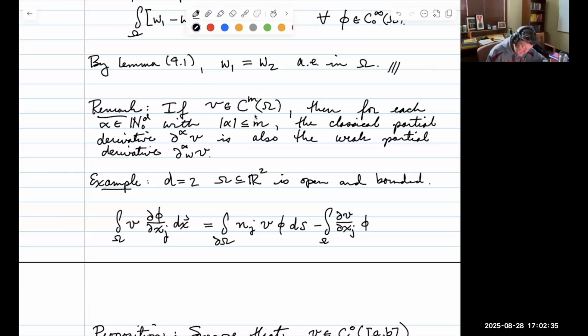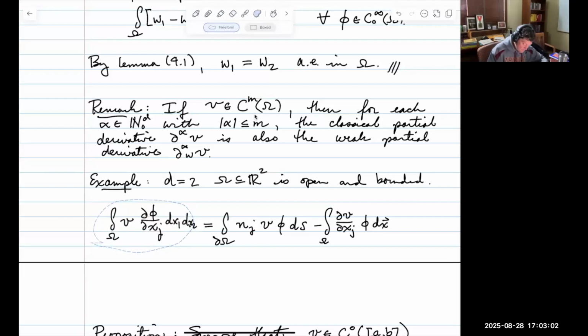And the derivative leaves phi. And finally, I'm integrating over the increment. So in this case, what is dx? dx is just equal to dx dy. Or I guess I should use dx1 dx2. Right?